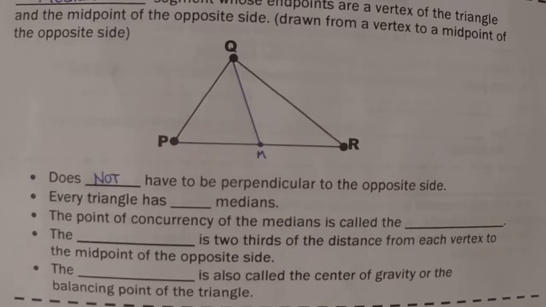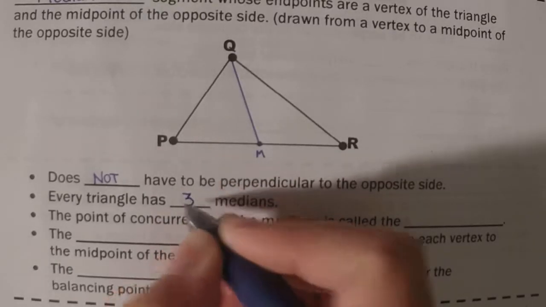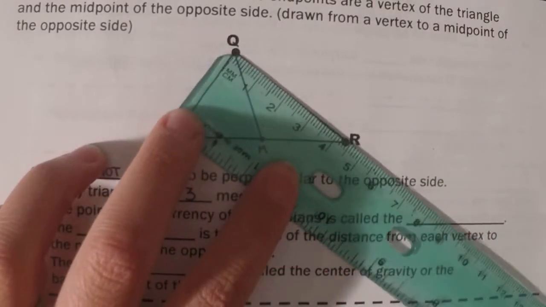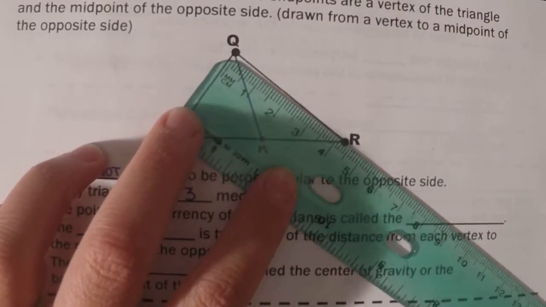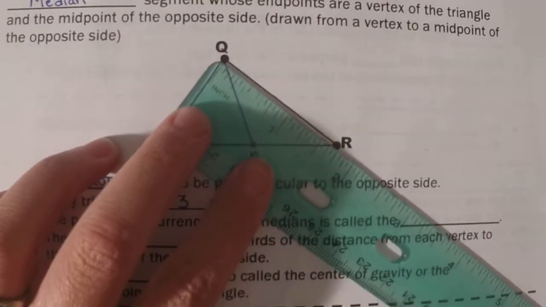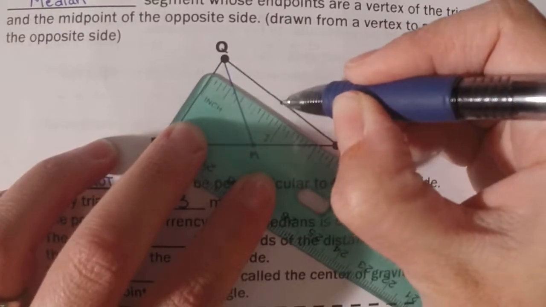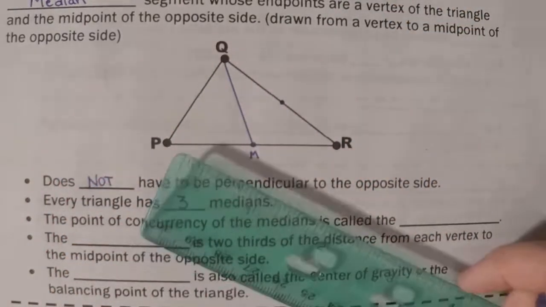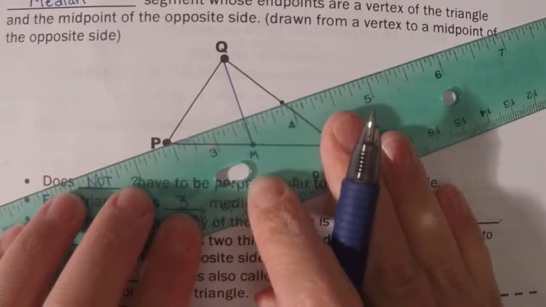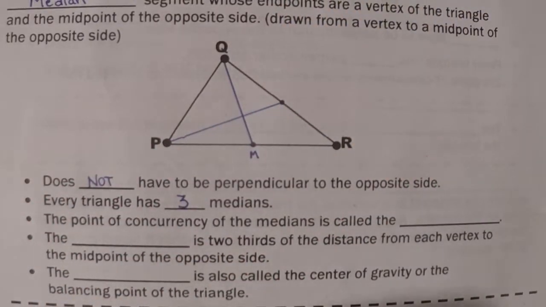Okay. Just so you know, every triangle does have 3 medians, because I could measure and I could find the midpoint of QR just as well. And then I could draw from P to that midpoint, and that would still be a median.